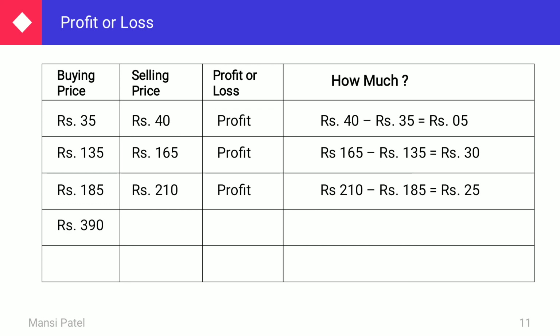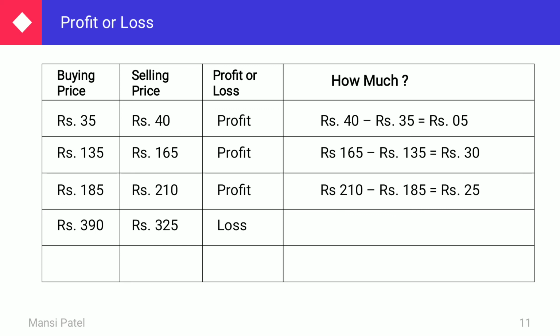If your buying price is rupees 390 and the selling price is rupees 325, now see here your buying price is more than your selling price, which means at the time of selling you are getting less amount. So we can say that in this transaction there is a loss.